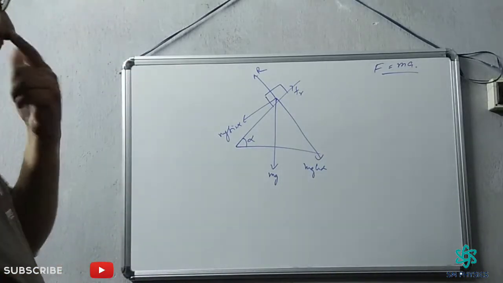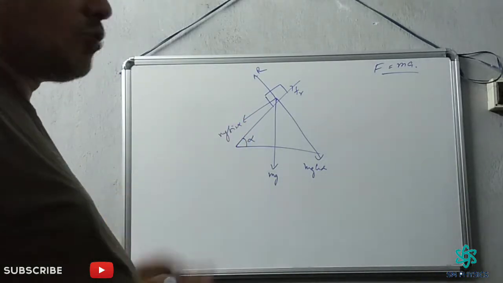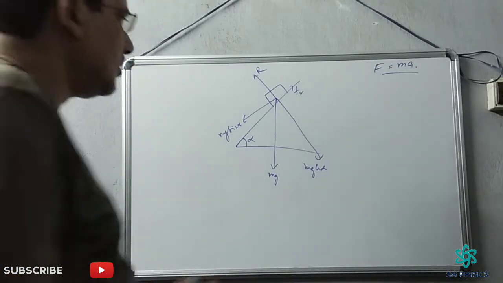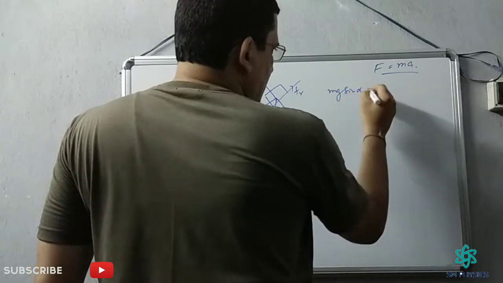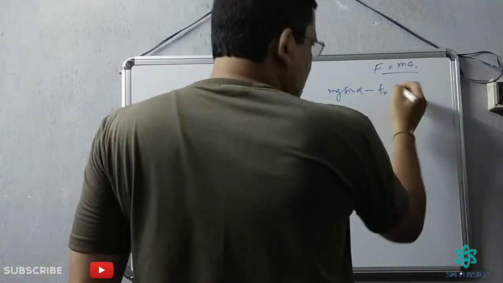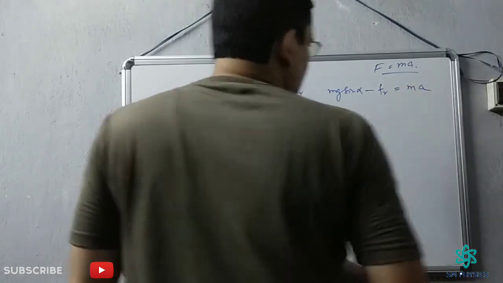The body moves downward, so the net force acts downward. That means mg sin alpha minus Fr, the frictional force, equals ma.